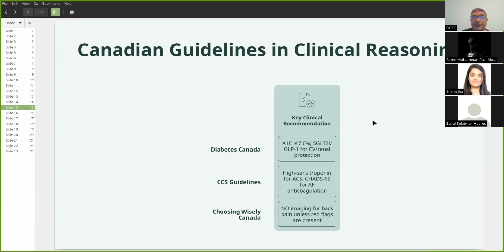And here are some Canadian guidelines and clinical reasoning. Most of the figures in diagnosis and also in treatment come from these guidelines. And these guidelines are updated, most of them yearly.